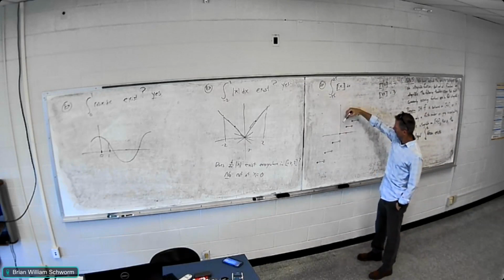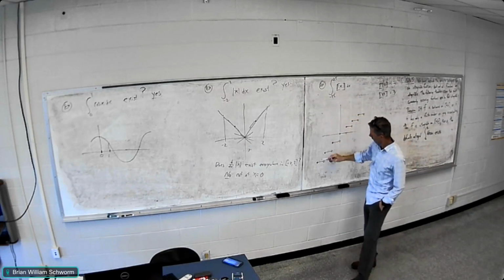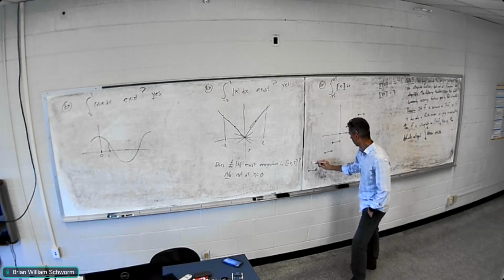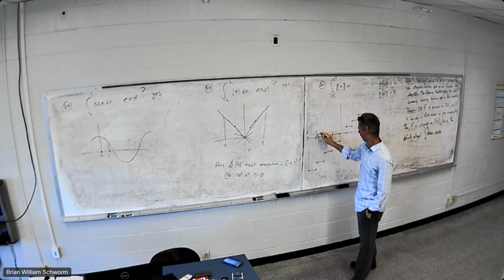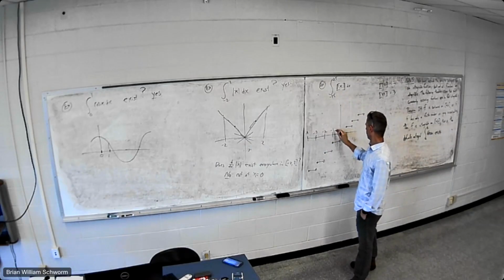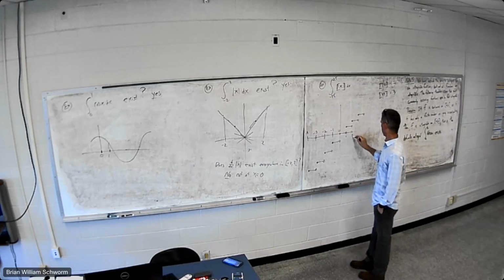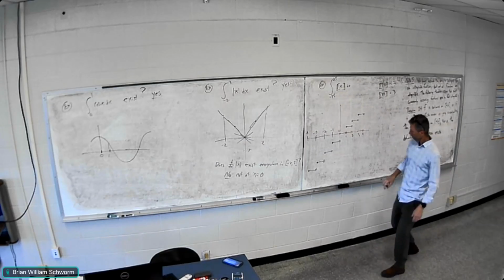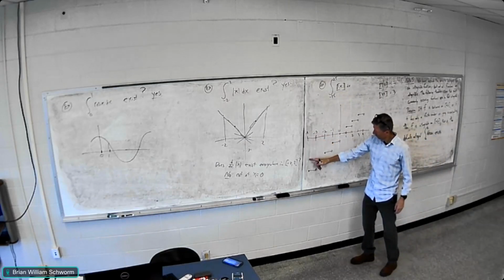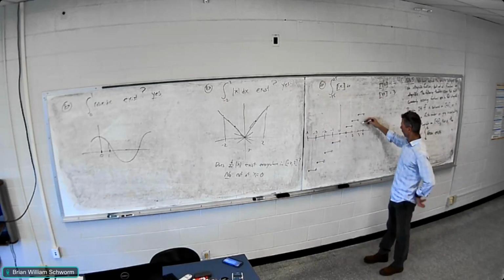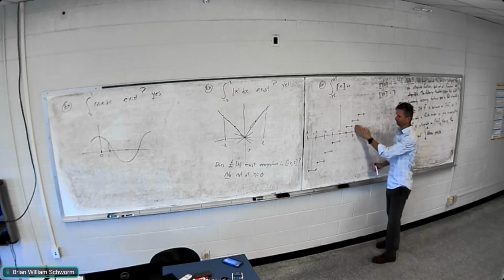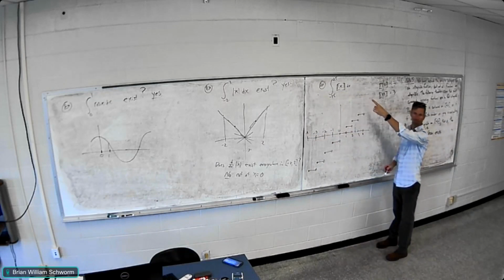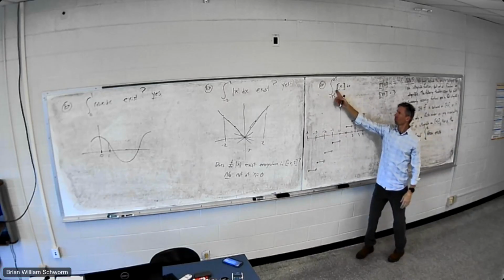So if I'm interested in -3.5 to 2.5, from there to there, would I be able to, actually I should phrase that differently.